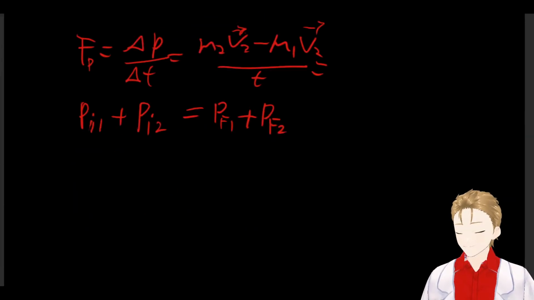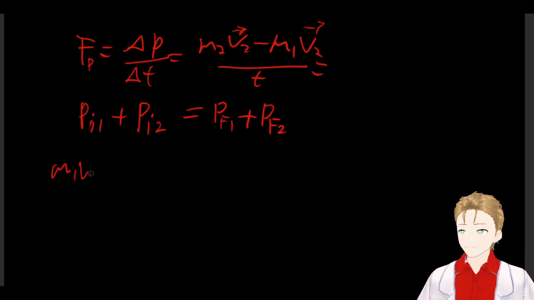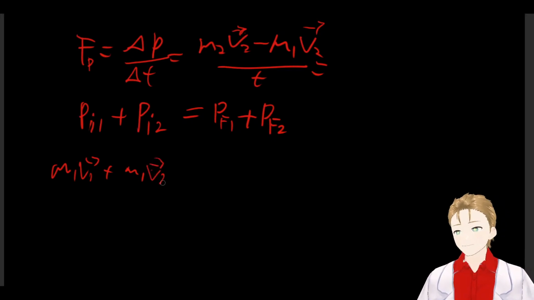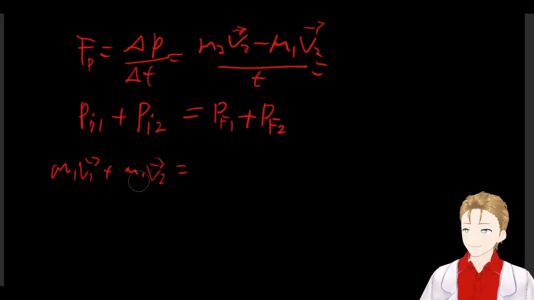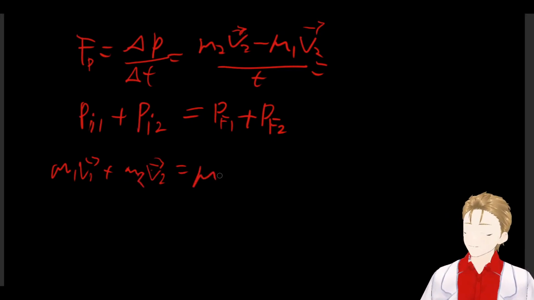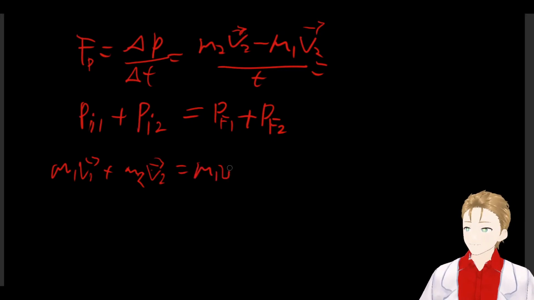If I put the values in, it's mass 1, velocity 1 initial, plus mass 2, velocity 2 initial, equals mass 1, velocity 1 final, plus mass 2, velocity 2 final.